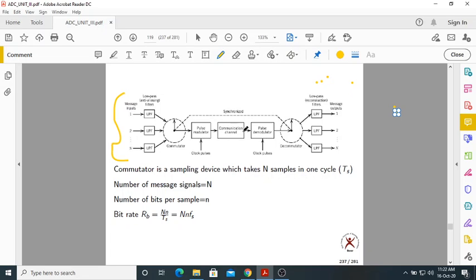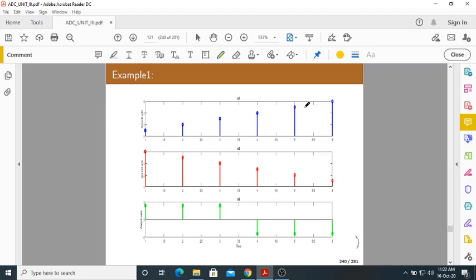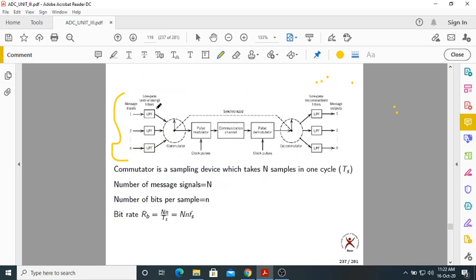As I told you with an example, suppose we are transmitting 3 signals. Our commutator will collect samples of those 3 signals, and it will rotate in the clockwise direction.